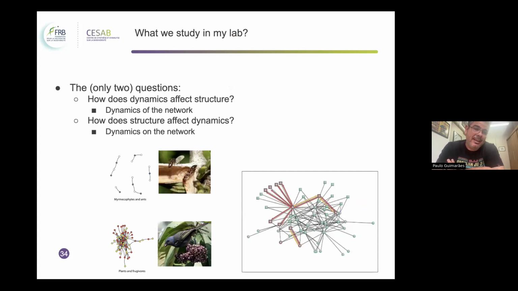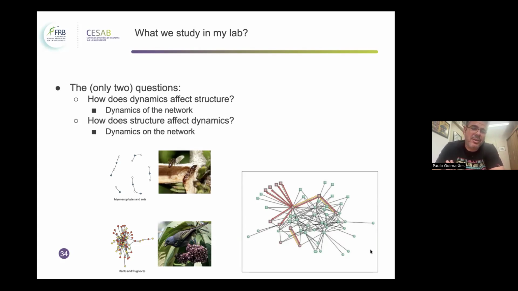So, from my point of view, one very interesting aspect of the outcome of our collaboration in the past years is to try to rethink the results of some questions that we have been exploring with plant-animal mutualisms and trophic interactions in ecological communities. I would say that ecological network science, and network ecology in particular, has only two questions. How does dynamics affect structure?